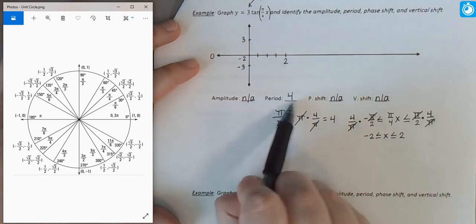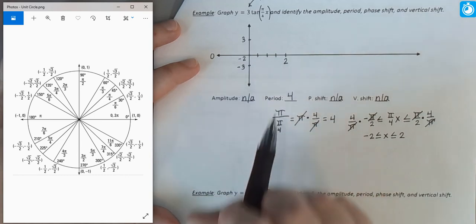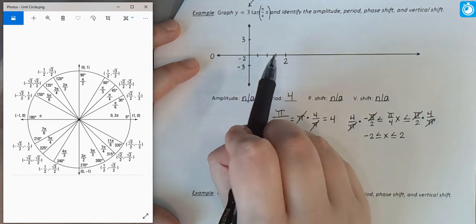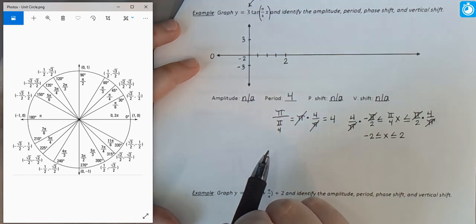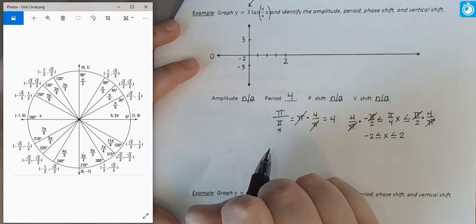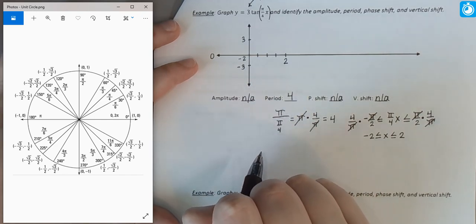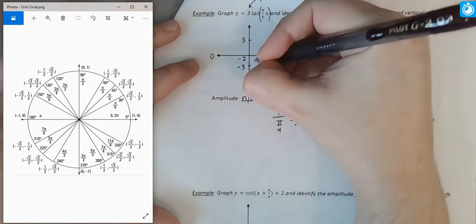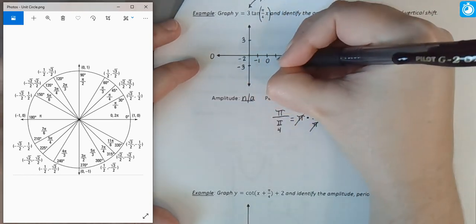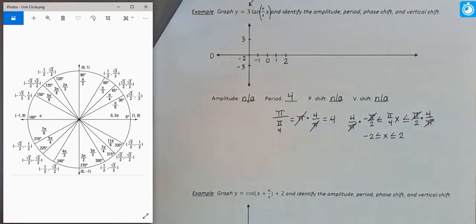And here our period is 4 units. So 4 units between negative 2 and 2. 4 equally spaced increments. And so if we divide our 4 into 4 parts, that means we're counting by 1 increment each time. So negative 1, 0, 1, and then 2.